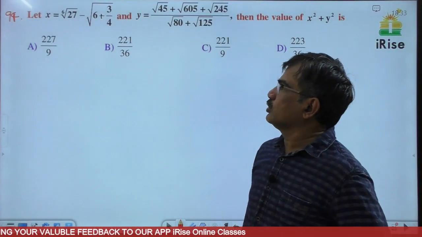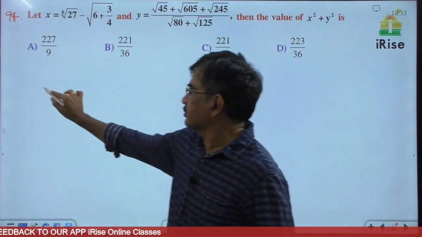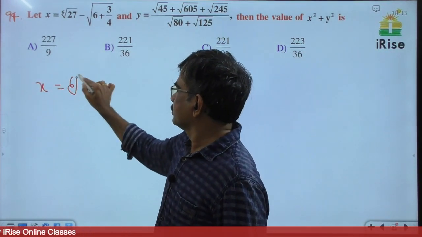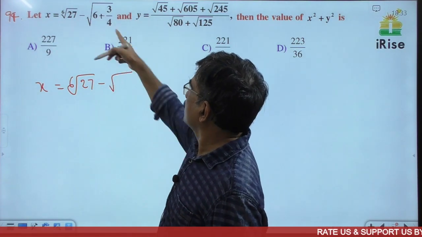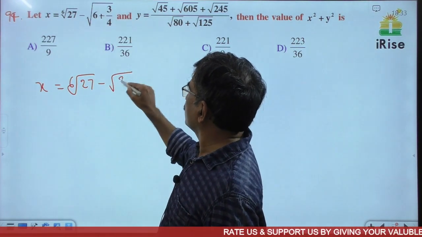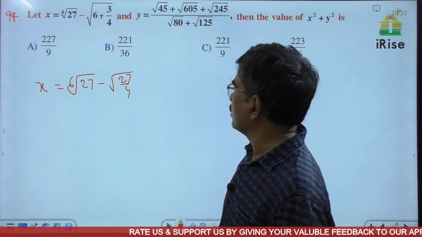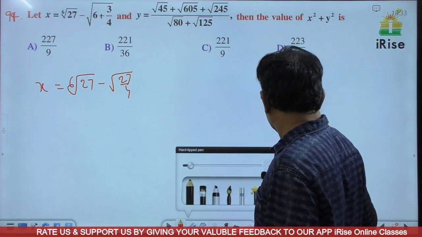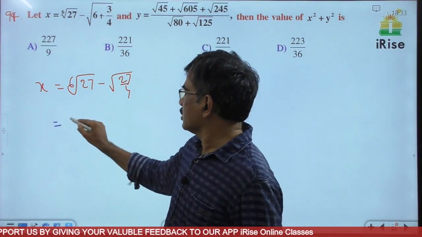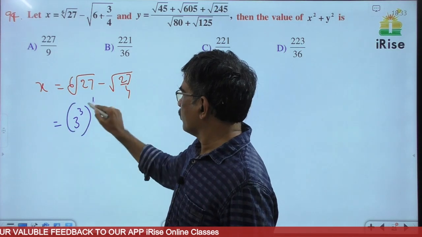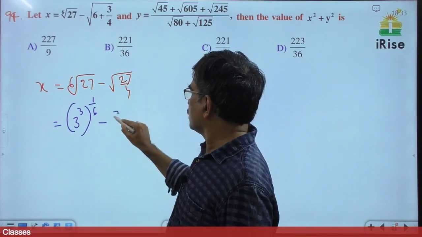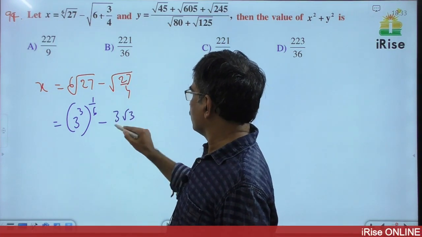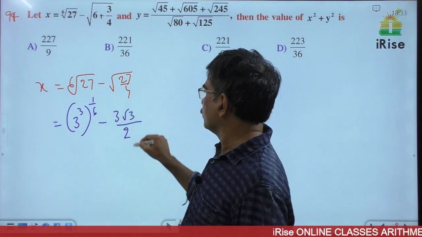If x is equal to 6th root of 27 by 4 minus, if you simplify this, 6 4s are 24 plus 3, 27 by 4. This is x value. So after simplification, this can be written as 3 cube whole power 1 by 6 minus 3 root 3 by root of 4, which is 2.